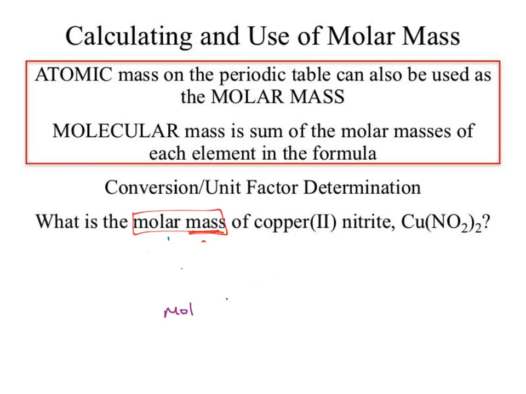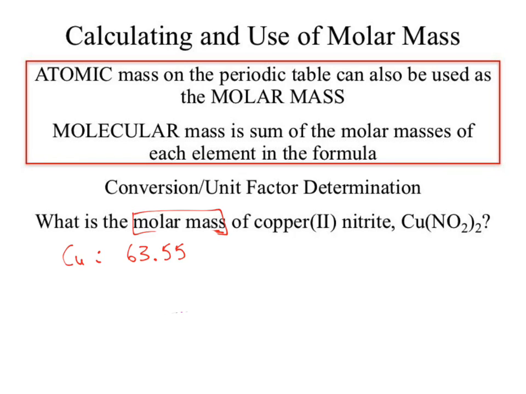So we're going to clean that up so I can write. Copper, you said the molar mass was what, 63.55. Not to be completely irritating and annoying, but it's going to be grams per mole.